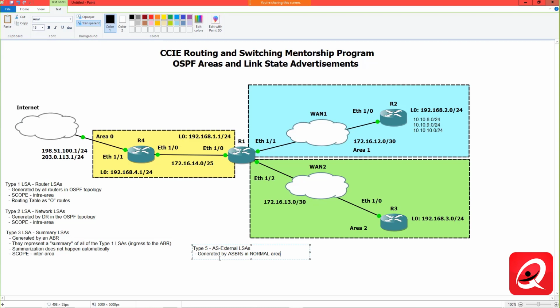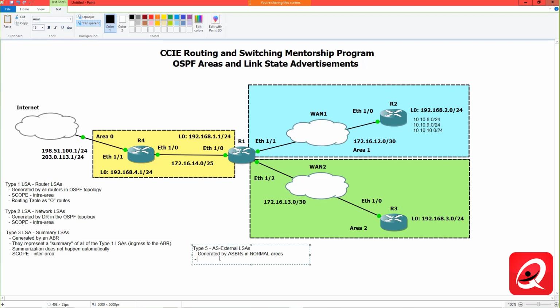There is another type of LSA called the type 7 LSA, which are actually generated by ASBRs that are in non-normal areas, what we call special area types. So we'll talk about that later on. These are generated by ASBRs in normal areas. By the way, those ASBRs can be in really any area. It doesn't matter if it's area 0. We can attach ASBRs to area 0, area 2, area 1, as long as it's not a special area type.